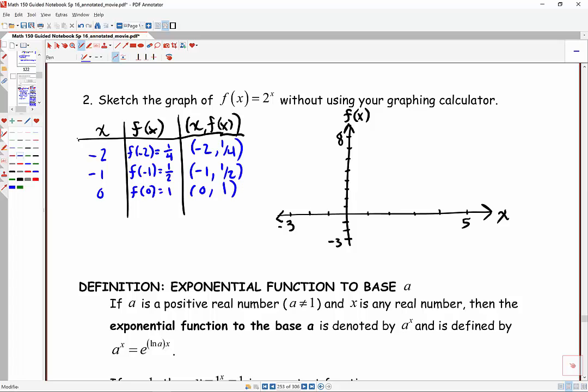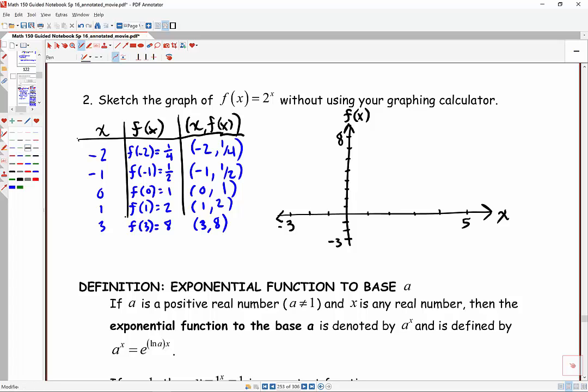And then let's do 1 and 3. So F at 1 will be 2 to the 1, which is 2. And F at 3 will be 2 cubed, which is 8. Good so far?